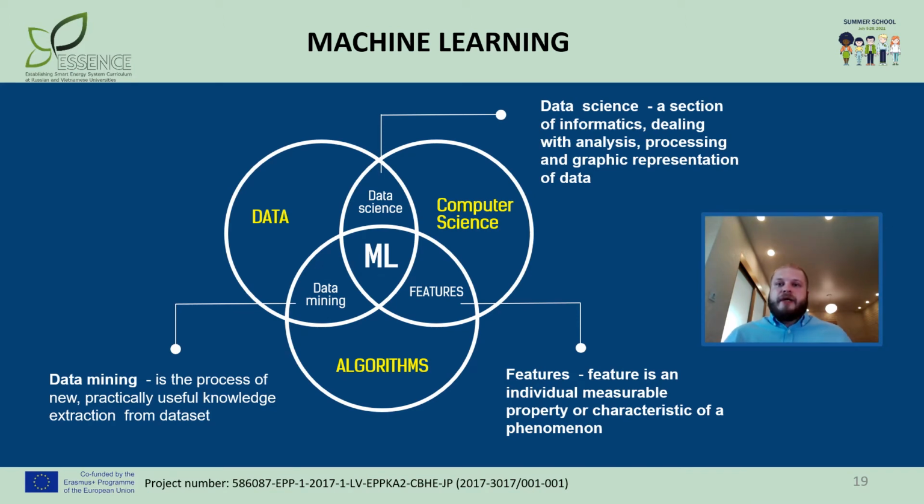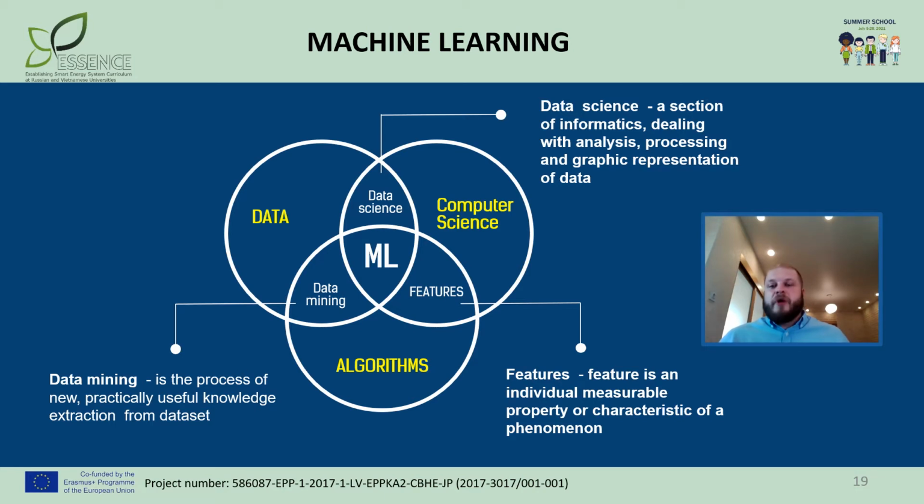Now let's look at the machine learning relationship in context. It is closely related to data, algorithms, including algorithms specific to the subject area, and computer technology in general. Data plus algorithms enable us to extract new data or knowledge from the dataset.